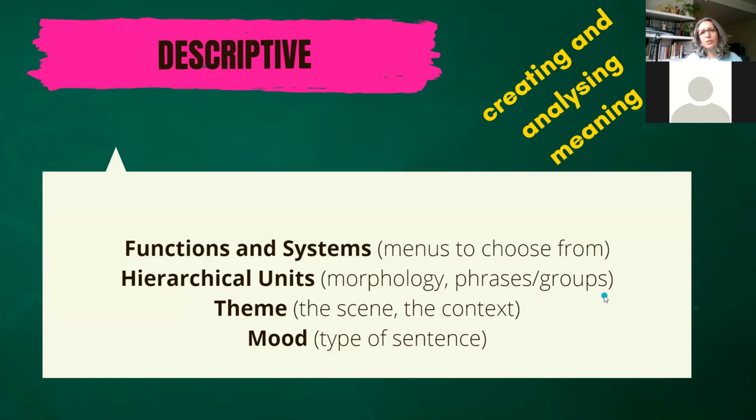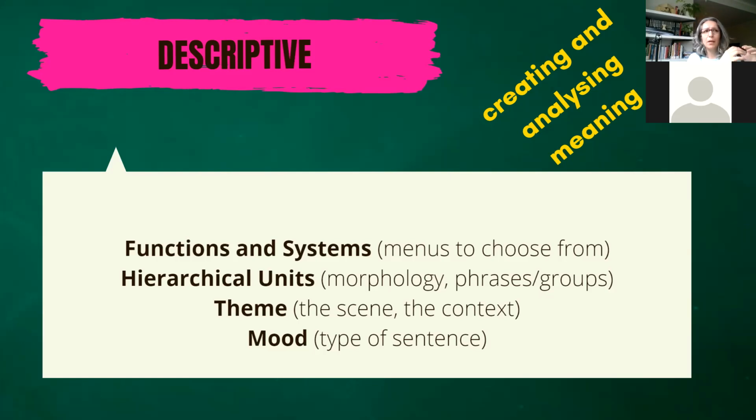So again, the descriptive part is about creating and analyzing meaning. The meaning is at the core of this kind of grammar. And it has 4 ways of functioning. One is functions and systems. So it's like a menu you choose from. If you want to express something in a context, you will choose from a menu of different ways of saying something. And then it has hierarchical units.